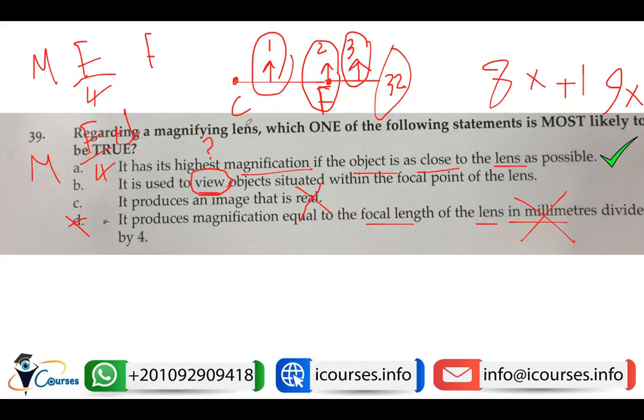So we can view the object, whether it is number 3, 2, or 1, but with different magnifications. It will magnify the object if it is present at the focus or within the focal length, inside the f. So it can view the object at any plane, not only within the focal point of the lens. Is it clear?